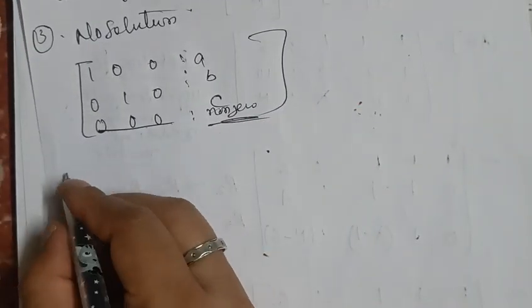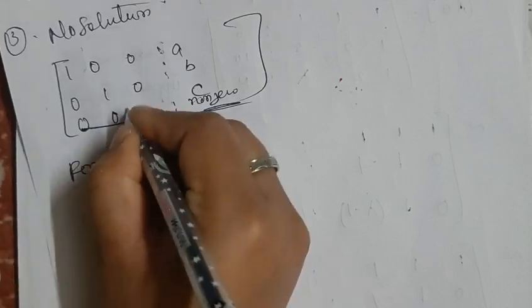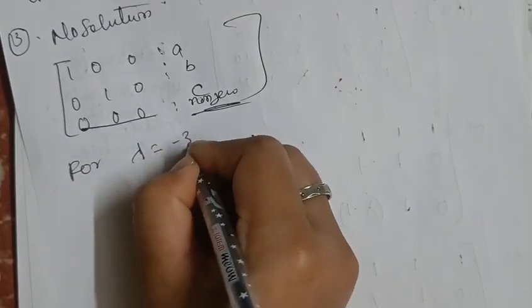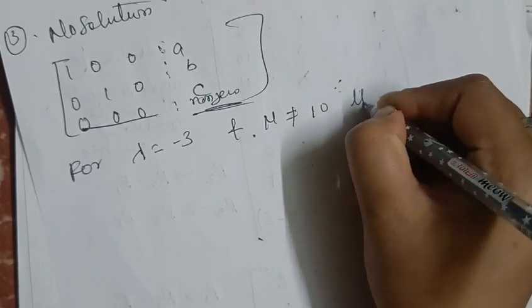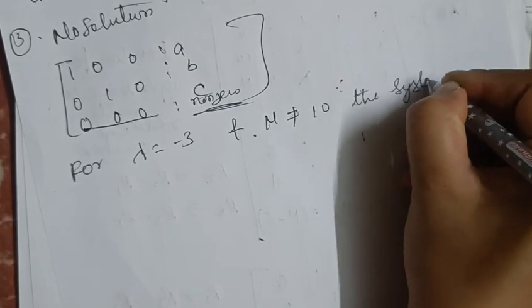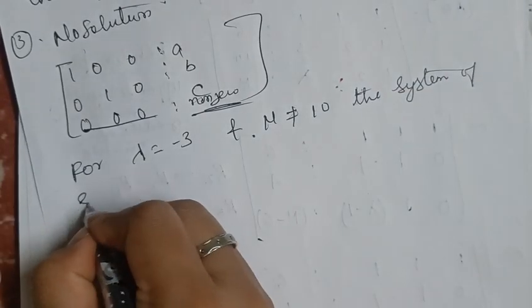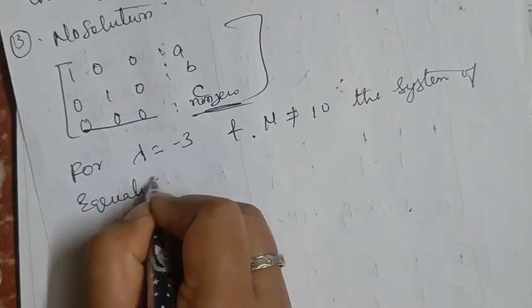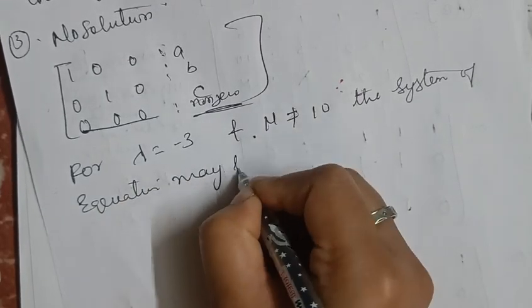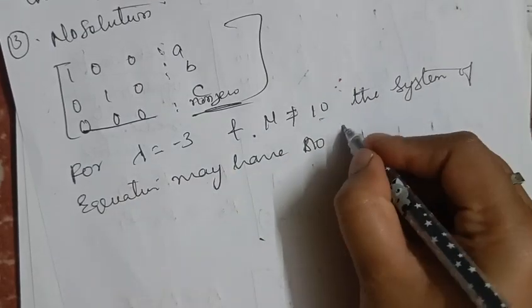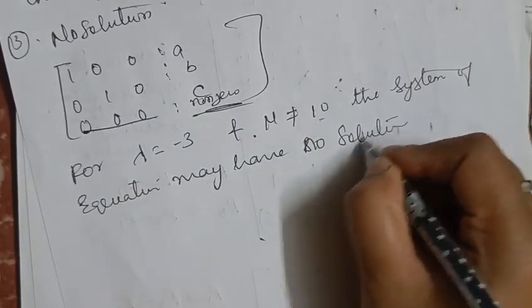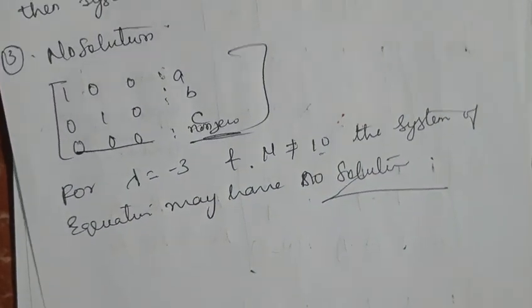So I can write that for lambda equals -3 and mu not equal to 10, the system of equations may have no solution.